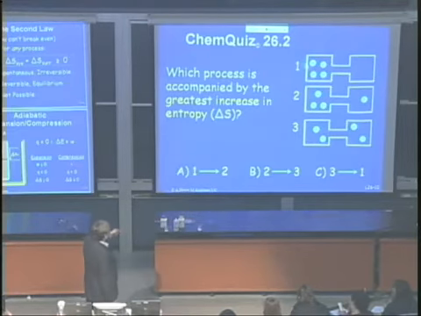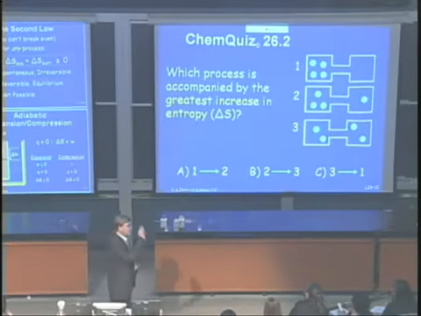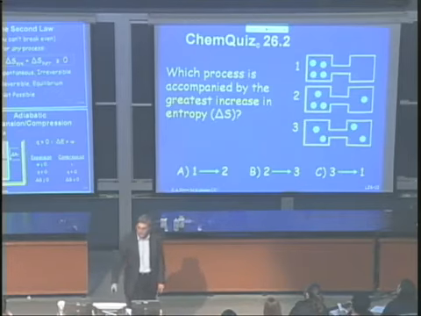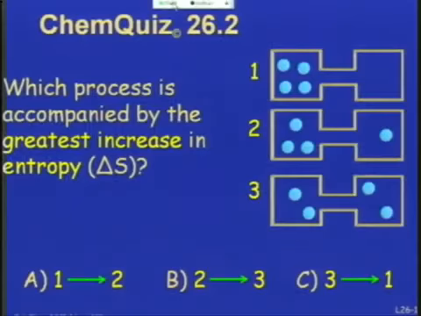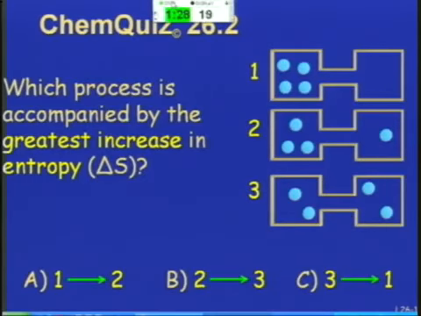If I go from state 1 to 2, or from 2 to 3, or from 3 to 1, which has the greatest increase in entropy, the greatest disorder? So why don't you think about this? And give me your answer, or whatever you come up with.